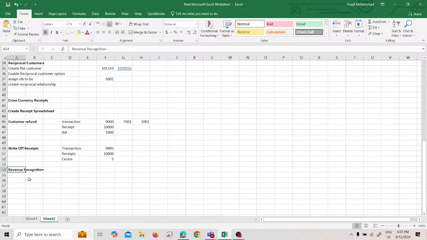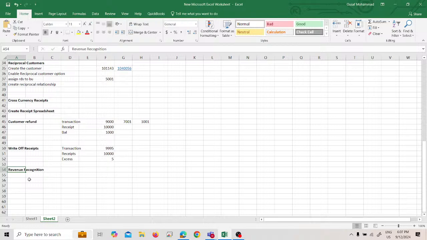In Fusion, revenue recognition involves first defining the revenue recognition rules. First we have to define this revenue recognition. So we have to define the rules.